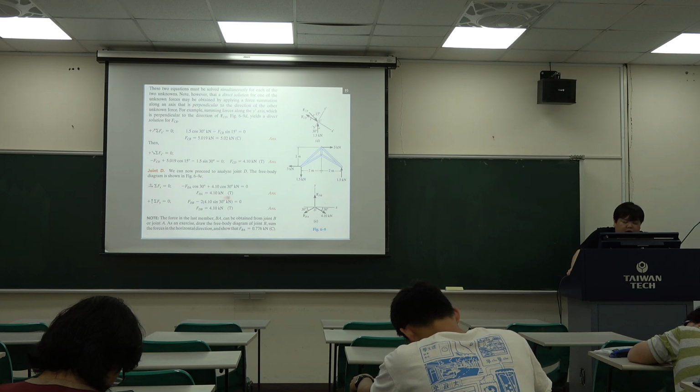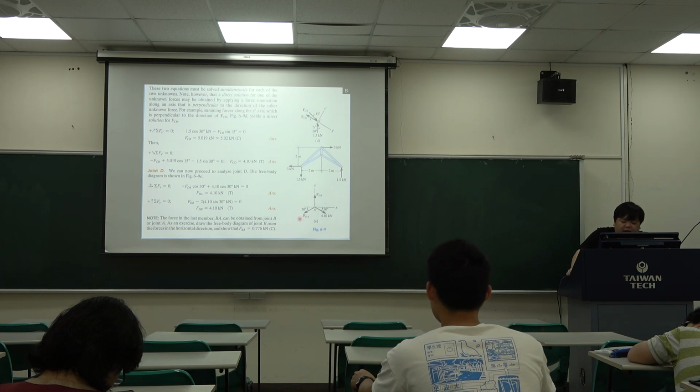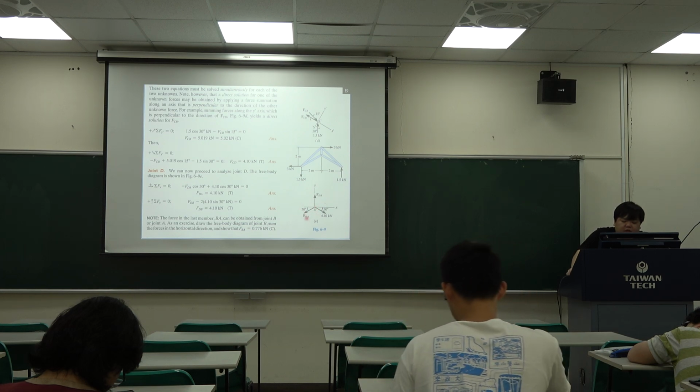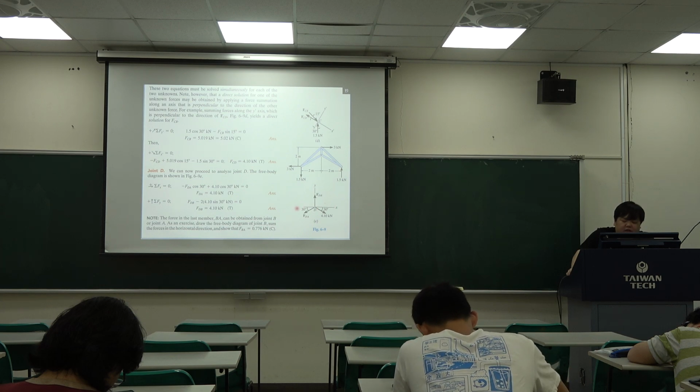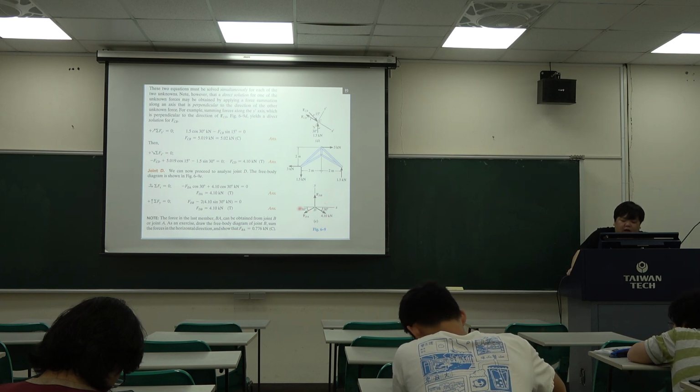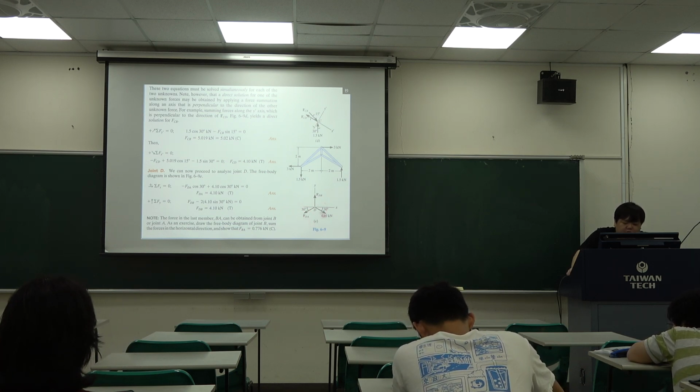And we do the summation Fx equal to 0 and the summation Fy equal to 0. Then we can calculate this FDA first, because of the x direction. So we can very easily calculate the FDA first. Then use these two answers to resolve and calculate the FDB.